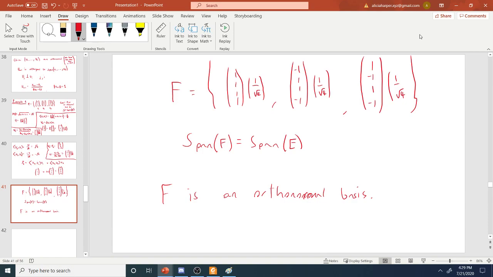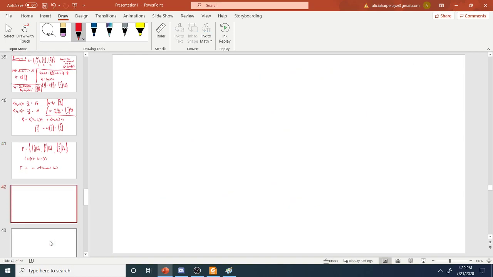Now, let's do one more example for today. Let P3 be equal to the set of polynomials ax squared plus bx plus c, where a, b, c are real numbers.